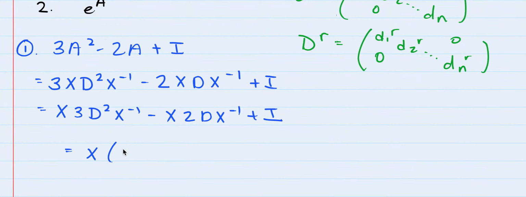So I get X times 3D squared minus 2D times X inverse plus I.